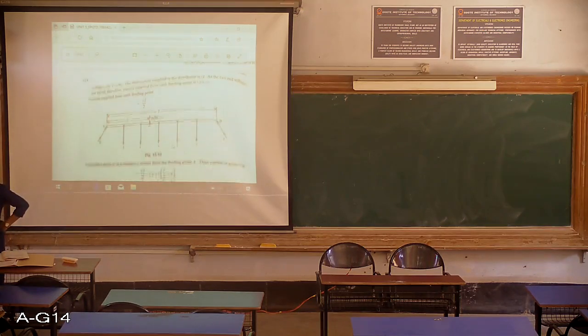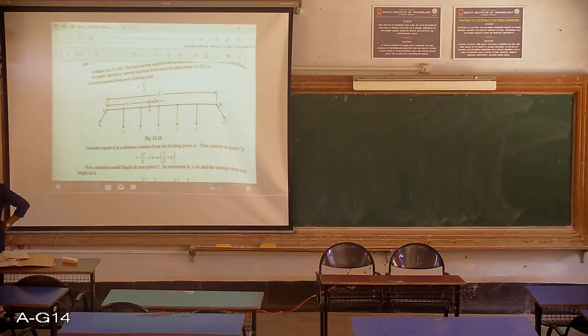Now again the same procedure, but here it is fed at both ends. You have seen the analysis for what happens when I feed at one end with uniform loading. Here now consider point C, same analysis, at a distance x meter from point A.